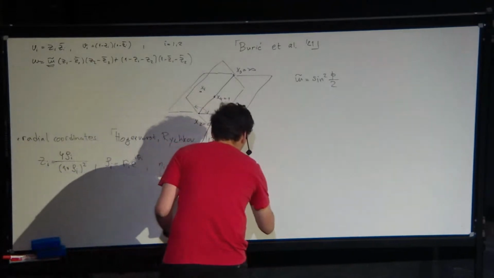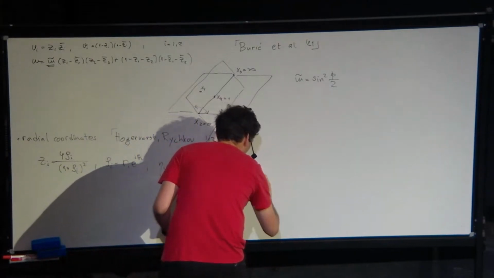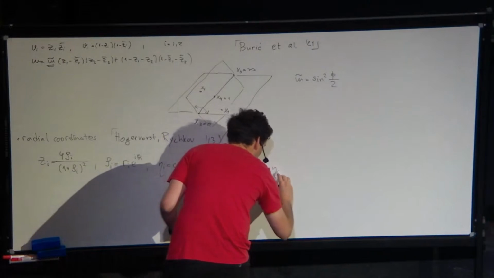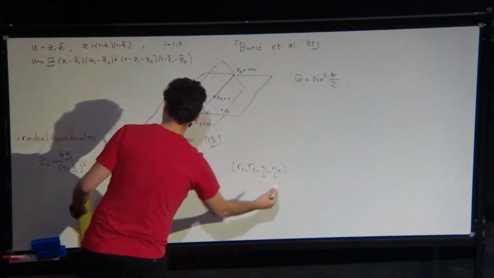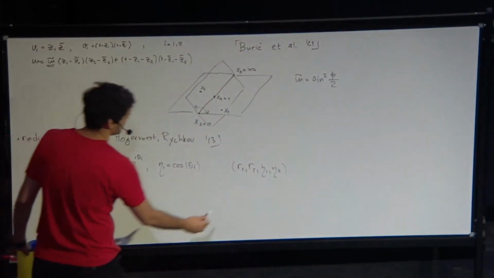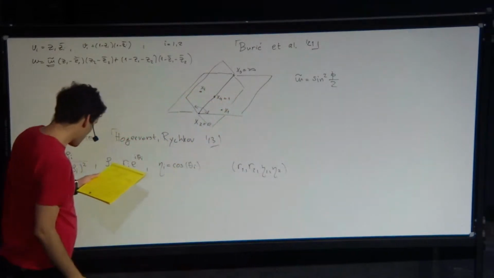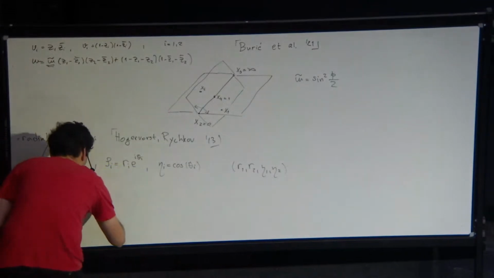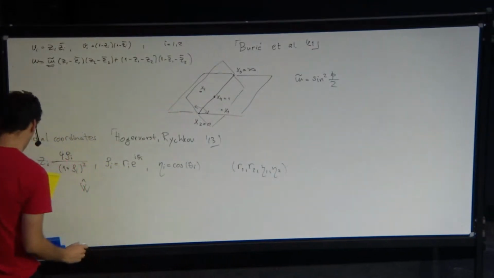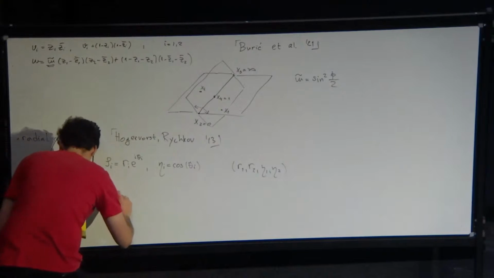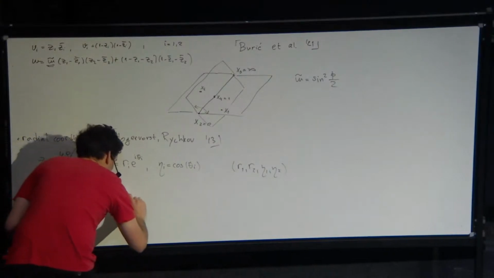Then you have R1, R2, eta 1, eta 2. So you can think about these four as the radial coordinates on these two separate planes. And then the fifth one, which is the only non-trivial one, is given by the following expression.